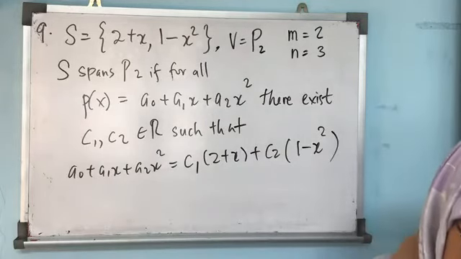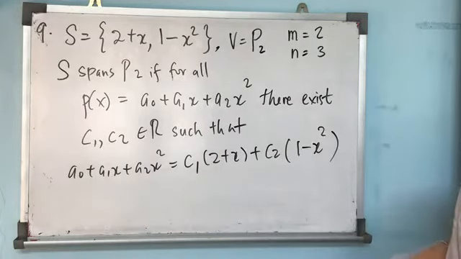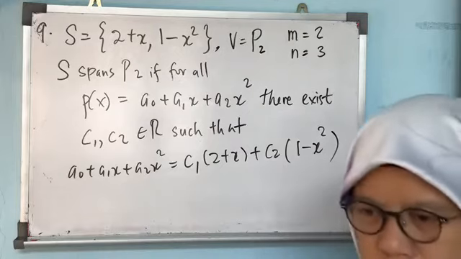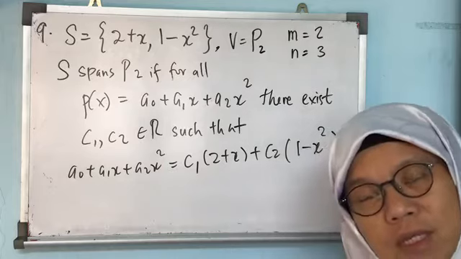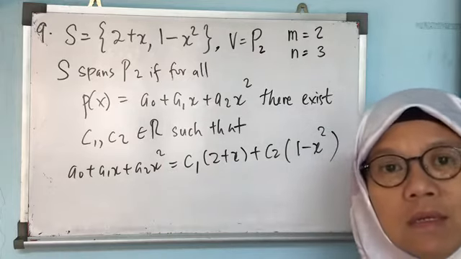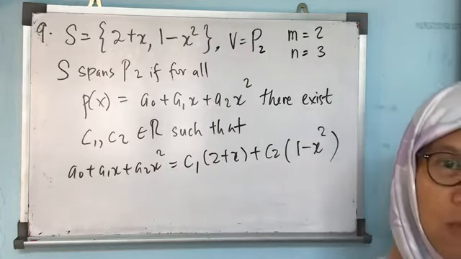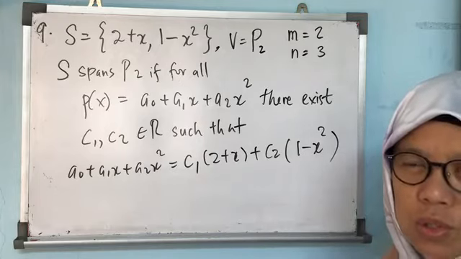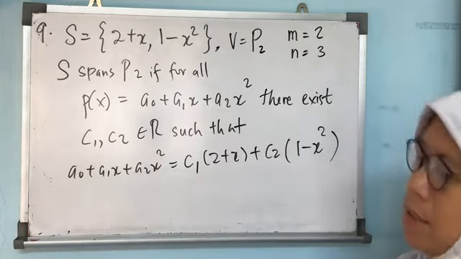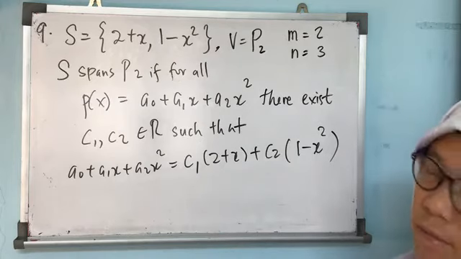When you see this, you will think that this is too complicated, but actually this is very similar to the case of Rn that we did before. We have done this in linear combination. Although it looks complicated, this is just like Rn.